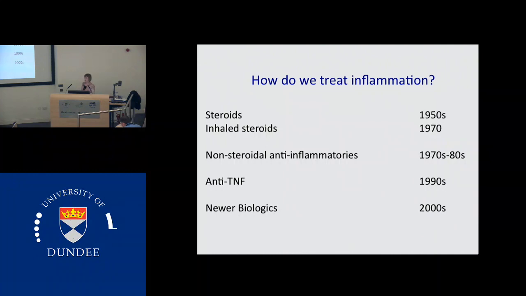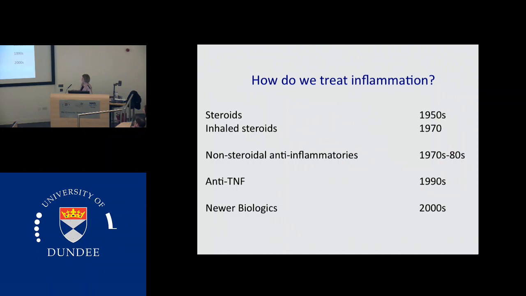So inflammation is important, and also we have been very bad over the last century at treating inflammation effectively. And I just drew up this little table thinking about how we treat inflammation in the lung. And I'm not talking about allergic inflammation, I'm talking about neutrophilic inflammation.